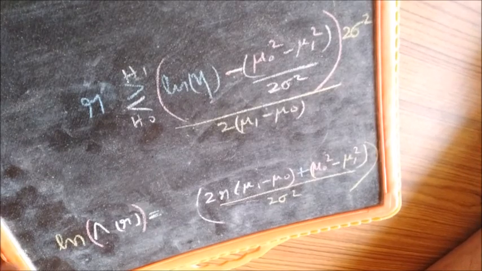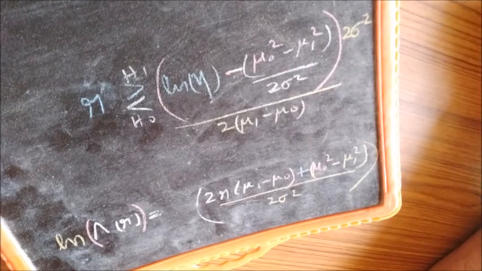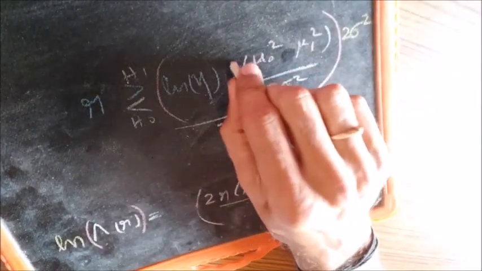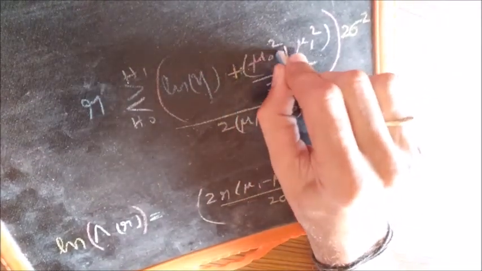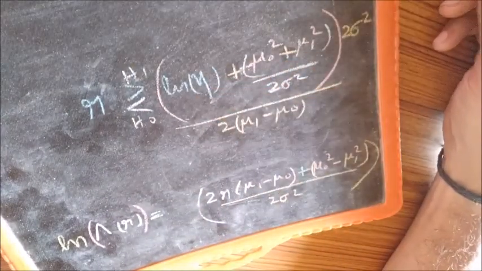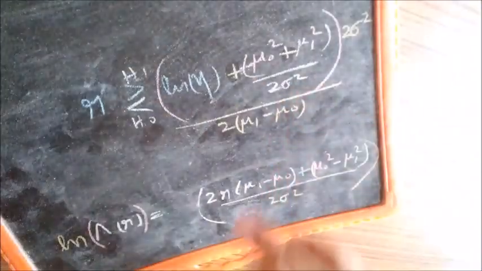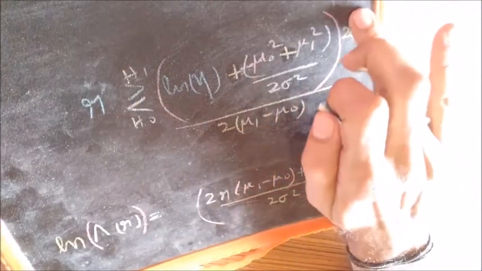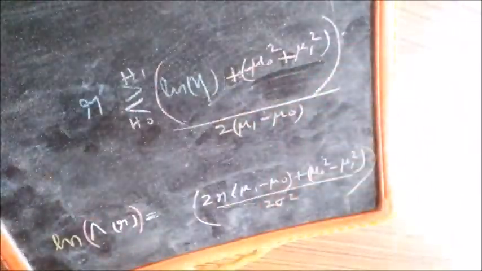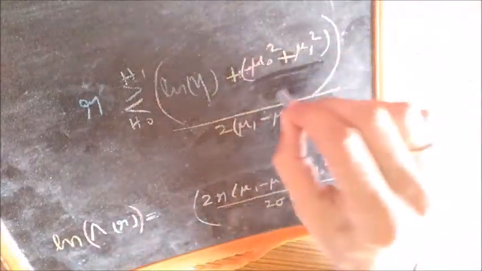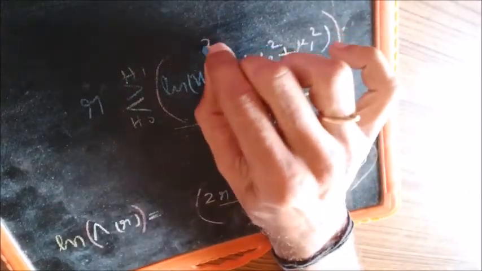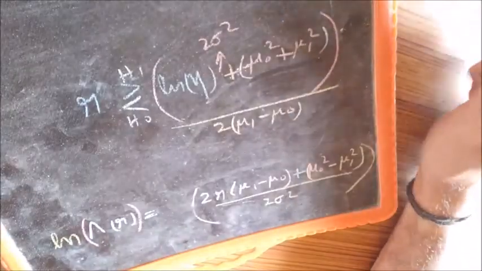So let us do that. When we further simplify this, we can first write this as mu1 square minus mu naught square, and take a negative sign outside. So when we take 2 sigma square inside, these two sigma squares vanish, and there will be a 2 sigma square which will appear here, because we have taken it inside the brackets.